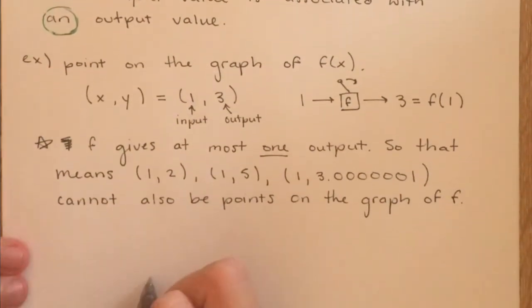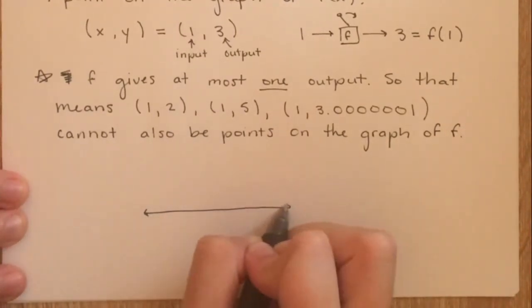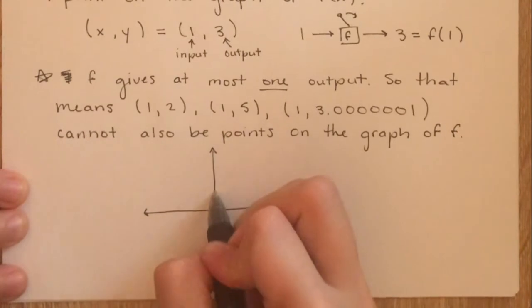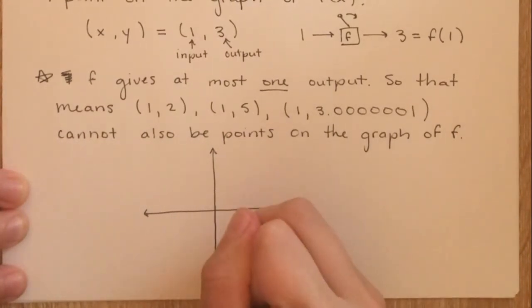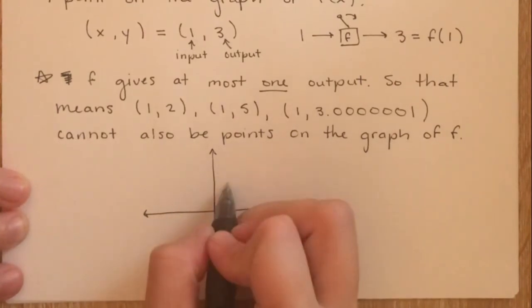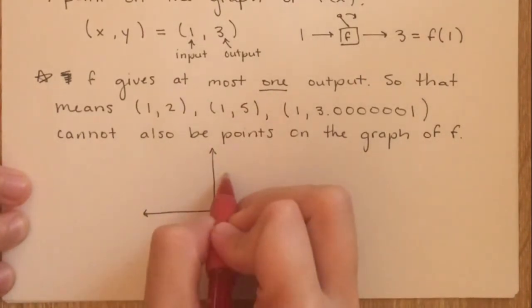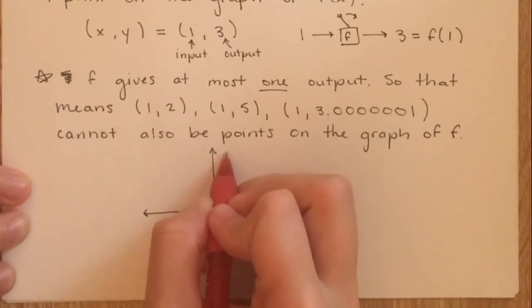Okay, so that means, right, I'm looking at f. This isn't even really super necessary for you guys to draw, but I know I have the point (1, 3). I know I can't have any other points here, right?